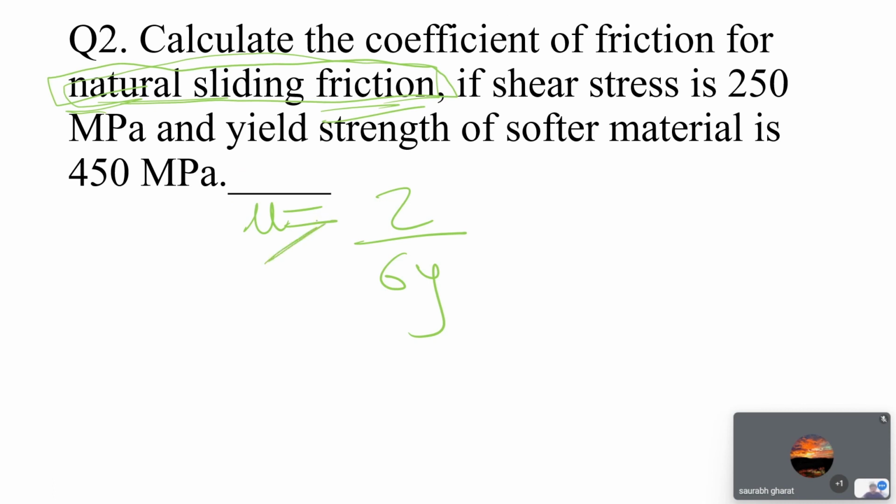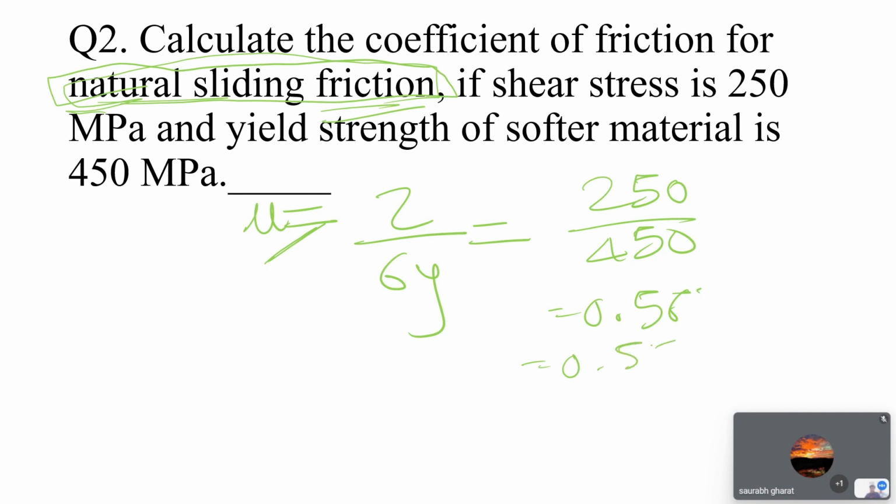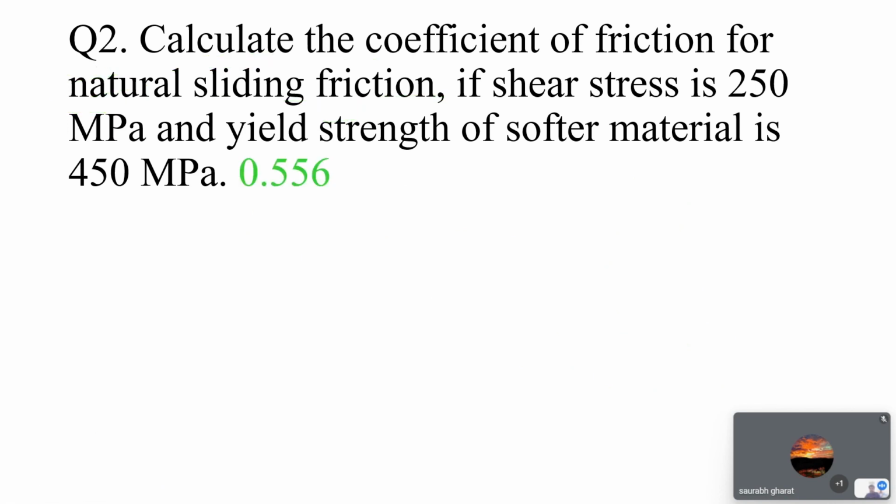You must know this point. So you have 250 divided by 450, which is 0.5556, a recurring decimal. So 0.556 is the correct answer, because in the natural sliding friction region mu can be related to tau divided by sigma y.